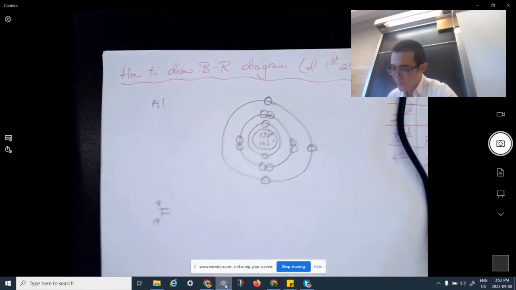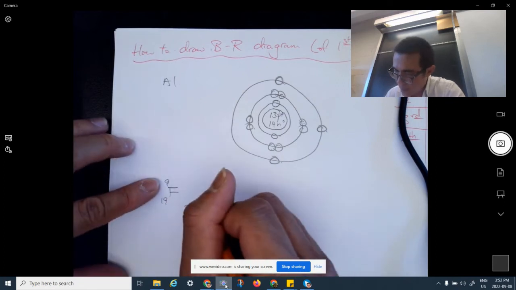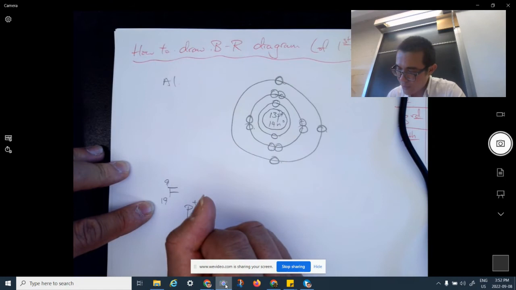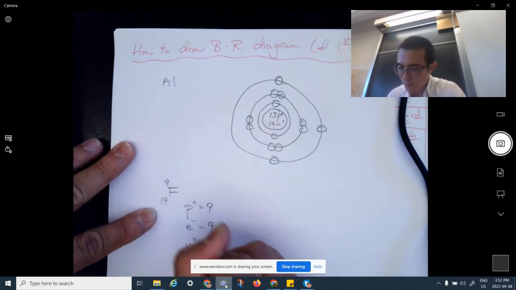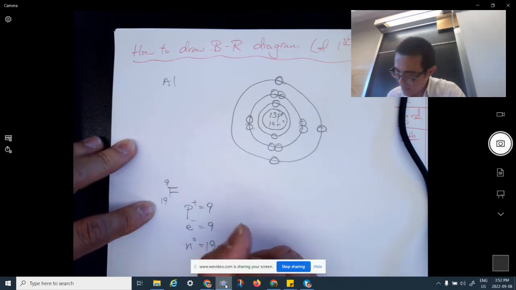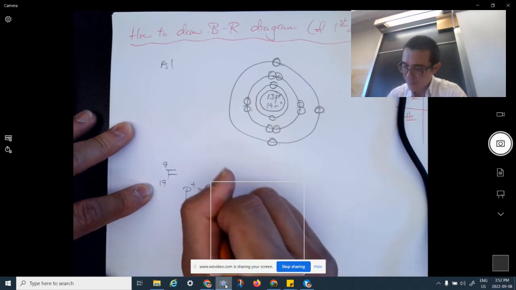The number of protons is the same as the atomic number, 9. The number of electrons is also 9. And the number of neutrons is the big number minus the small number: 19 minus 9 gives you 10 neutrons.